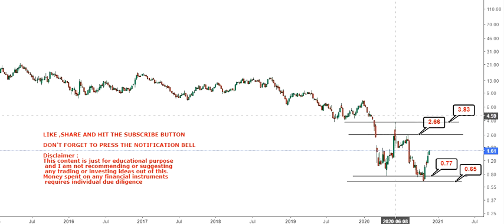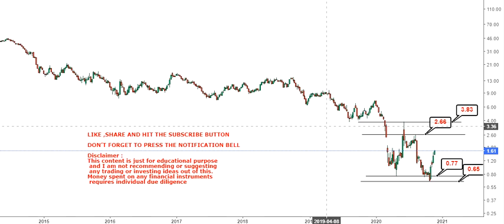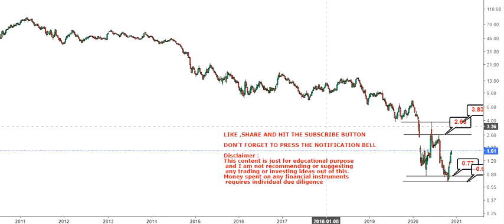These are the two levels we are going to look at, not beyond that for the time being. Let the stock decide. If the stock sustains above 3.83, then we can think that it will go higher.